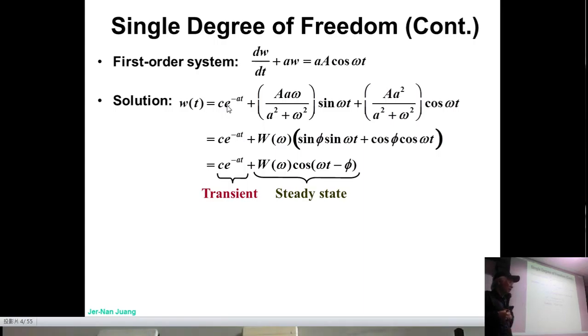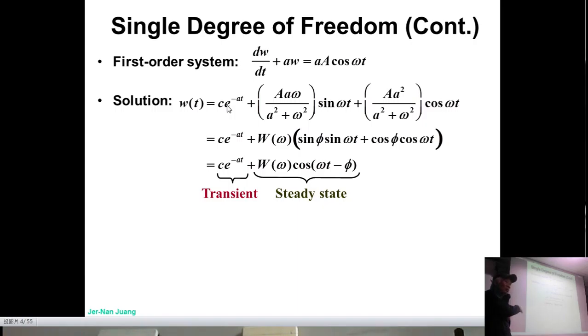If I give a force to a system, then I have two system responses. One is the transient. That means before I give the force to the system, that response already exists. The second term is caused by your force term.